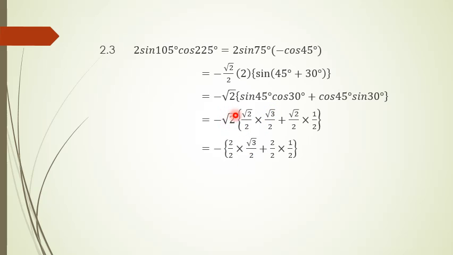Then this must also multiply that, distributing multiplication over addition. So that's square root of 2 times square root of 2 gives us 2 over this denominator 2 times half. Now 2 over 2 is 1, then 1 times root 3 over 2 will give us root 3 over 2. Similarly here, this is 1 times half is half.